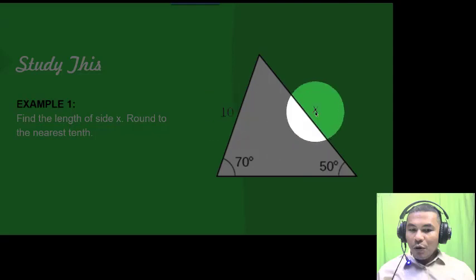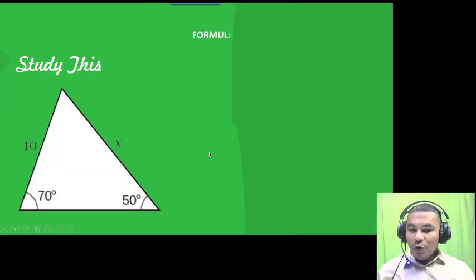Now we're going to find x. First, we write the formula. The general formula for the law of sines is a over sine A is equal to b over sine B is equal to c over sine C. So let's go to the solution.